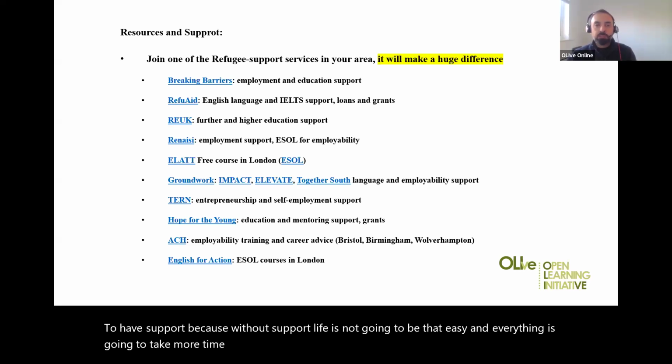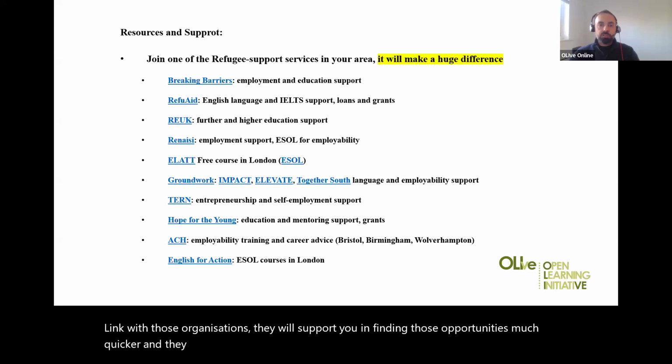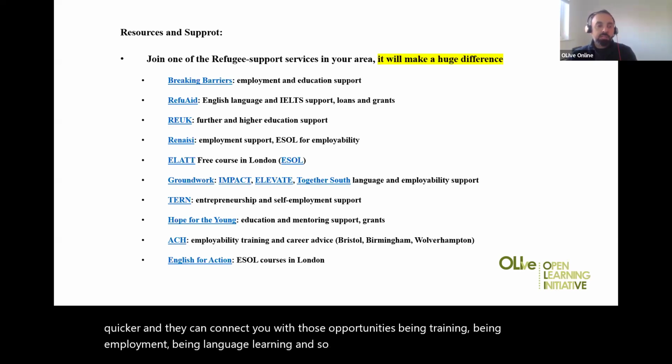So instead of you searching for opportunities, if you link with those organizations, they will support you in finding those opportunities much quicker, and they can connect you with those opportunities, being training, being employment, being language learning, and so on. Here, we have a list of the main ones, but these are not the only ones.